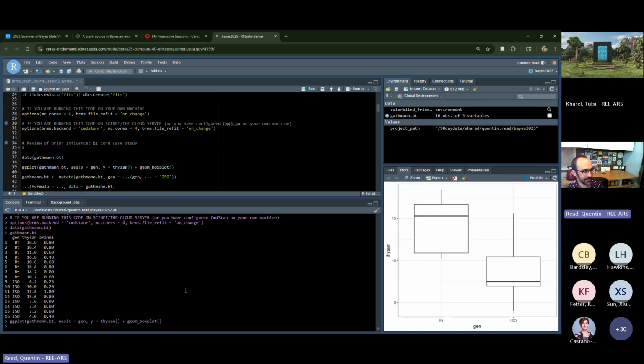You can see that the median abundance of these bugs is higher in the Bt than in the control group. So we can see from this very small data set, just looking at the data, it looks like Bt is not having negative effects on these arthropods.